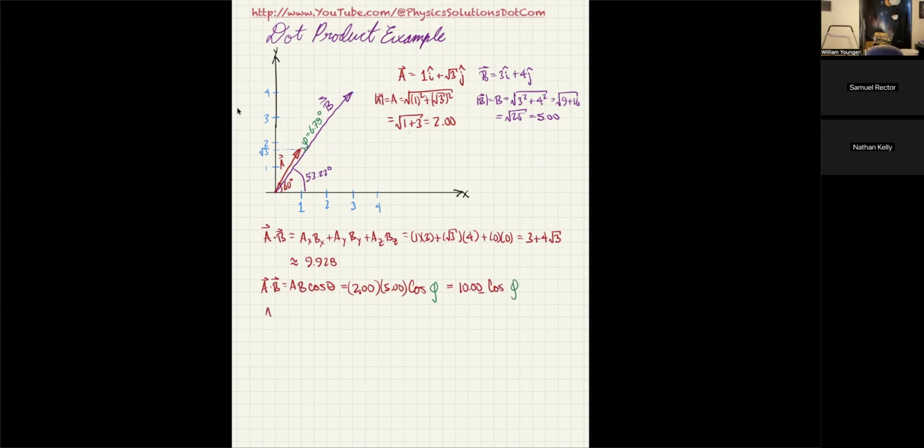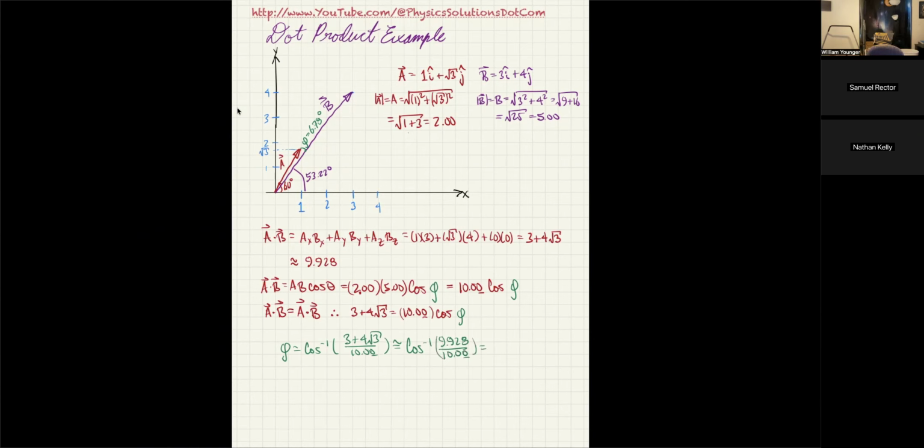So if we write A dot B is equal to A dot B, just formally saying what I'm doing, therefore we can reach the conclusion that 3 plus 4 square roots of 3 is equal to 10.00 times cosine of phi, and that tells us that phi is equal to the cosine inverse of 3 plus 4 root 3 over 10.00, which is approximately cosine inverse of 9.928 over 10.00.